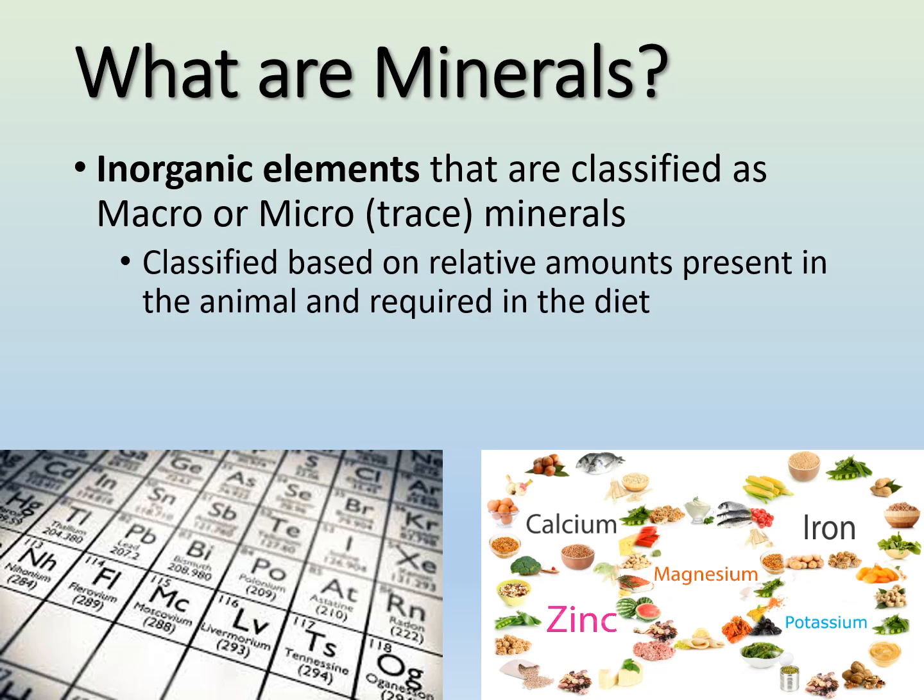It means the relative amount present in the animal and what is required in the diet. Macro usually means bigger, micro meaning smaller. So that is how we classify these two different groups of elements or minerals: how much do we have in our body and how much we require in the diet.